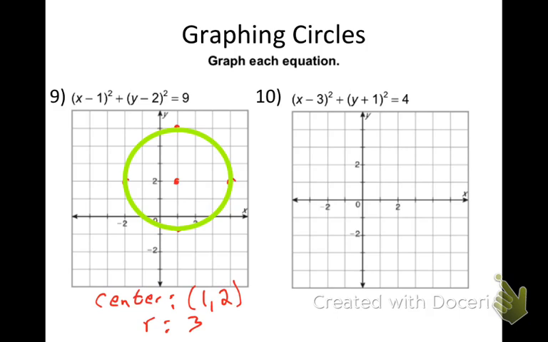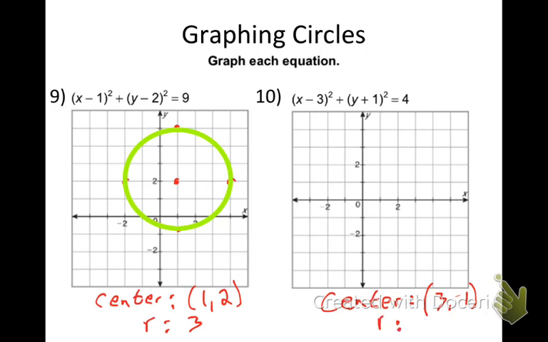Number 10. First thing you need to do for number 10 is find the center. So let's find the center. What were the coordinates of the center, Tyler? Number 10, coordinates of the center. So (3, -1). And then I need to find my radius.